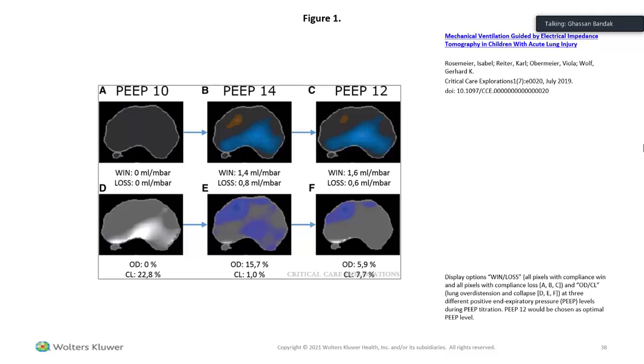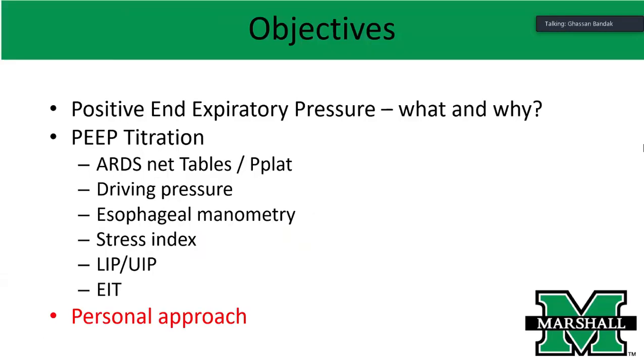But sometimes part of this unit is functioning, the other part is dead. So this may be part of the challenge of titrating PEEP. So maybe using EIT can be better. Okay, does anyone have any questions for now?